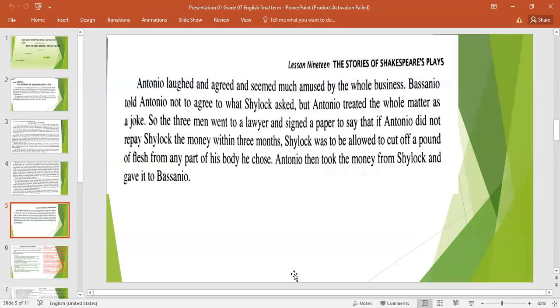Anyhow, this was just a passage taken from the whole play written by Shakespeare, the great writer of English literature.